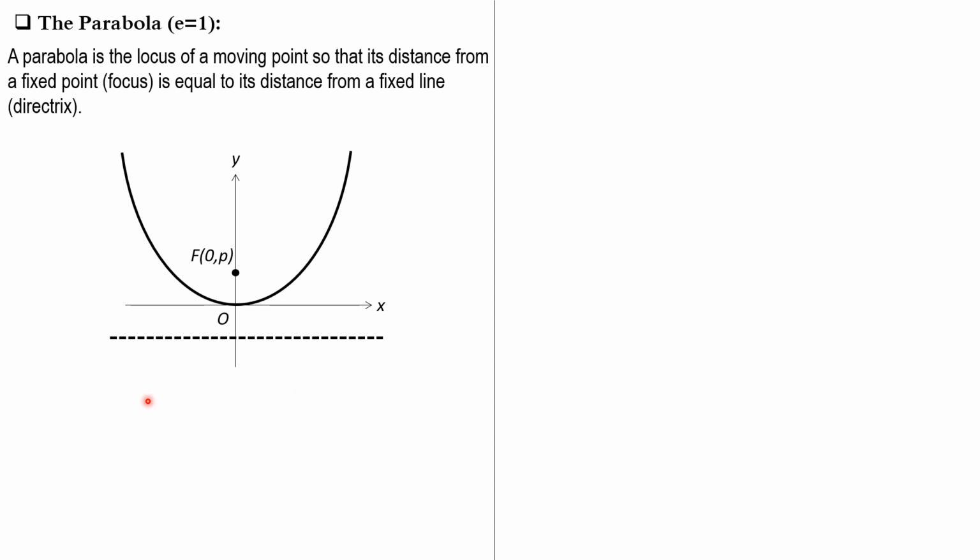The equation of the directrix, therefore, is y equals negative p. So that's why one position of the moving point should be on the origin, so that its distance from the focus is p, and its distance from the directrix is also p. And this may be the moving point at x, y.